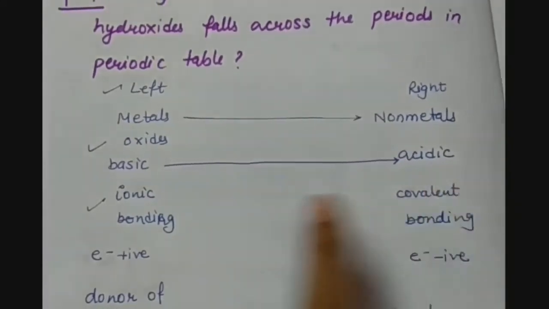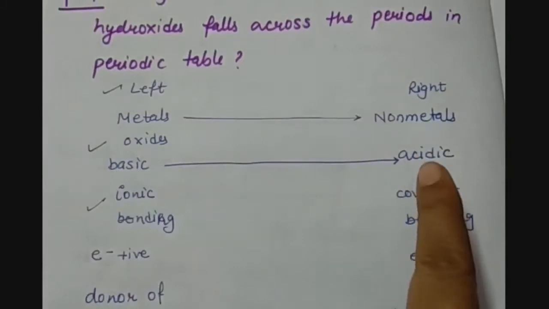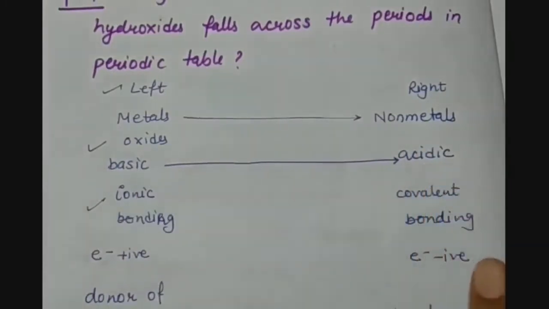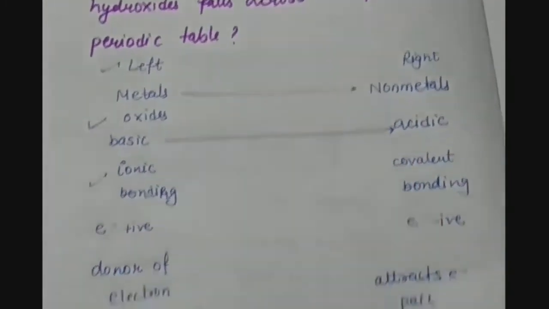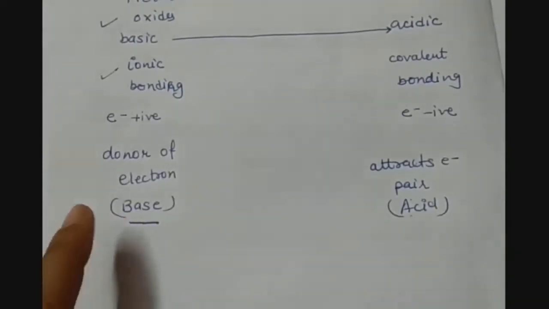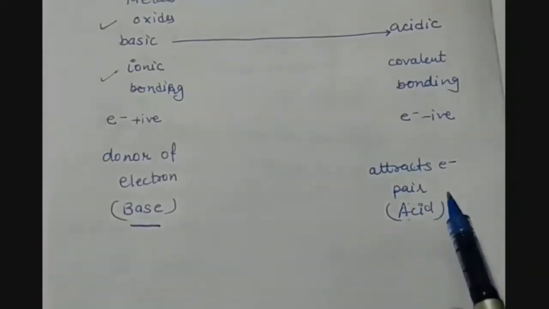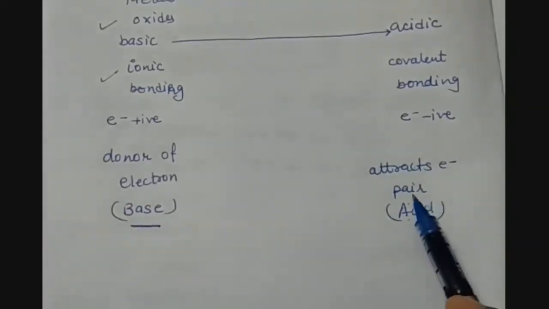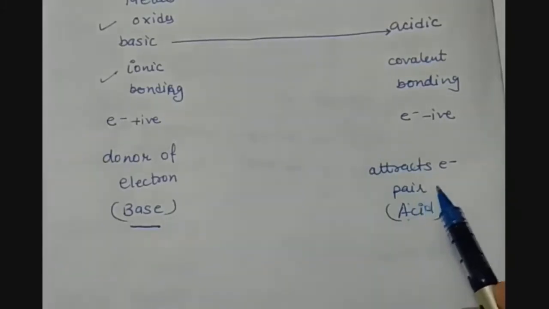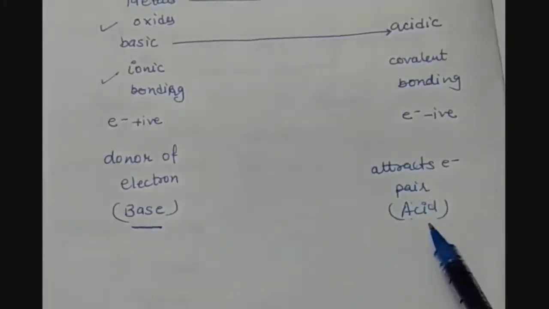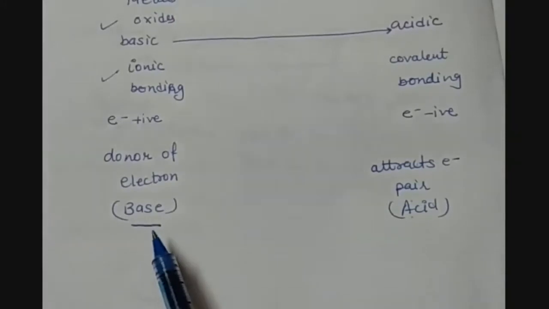So we are going from basicity to acidity. One more thing to confirm, that metals are electropositive in nature, so they are the donors of electrons, and we are going from the donors of electrons to acceptors of electrons, or which attract the shared pair of electrons, which are acids. So we are going from bases to acids.